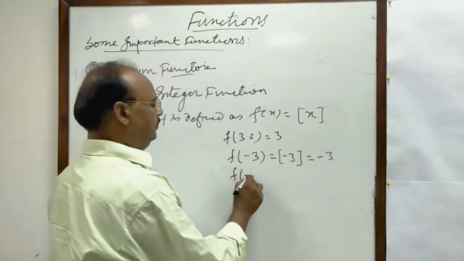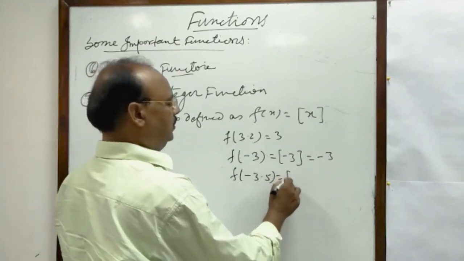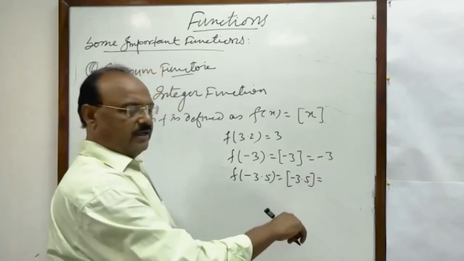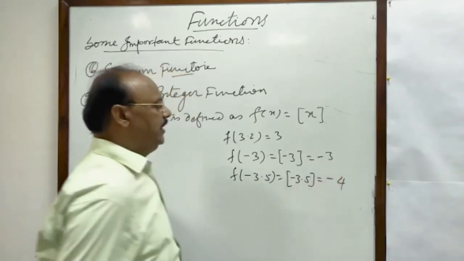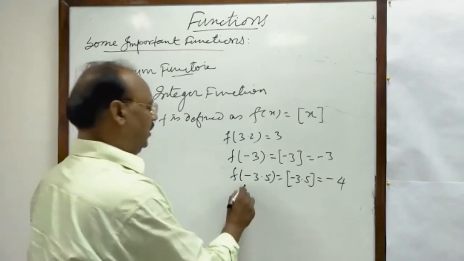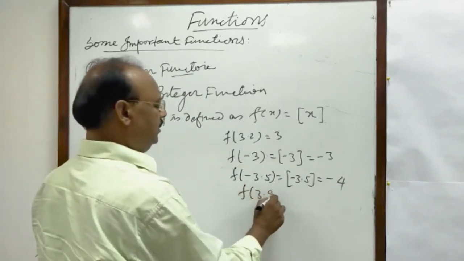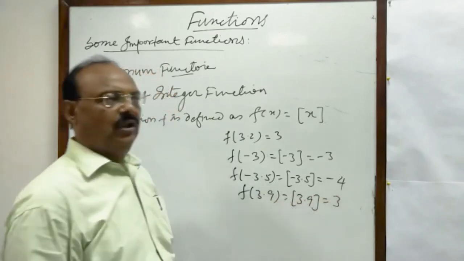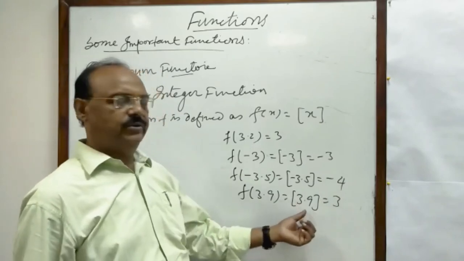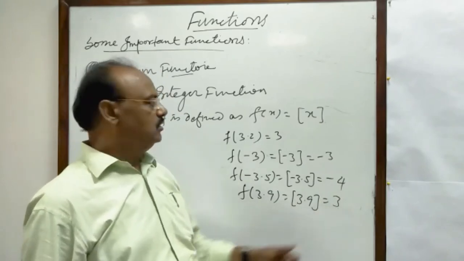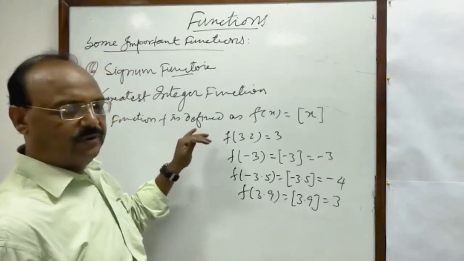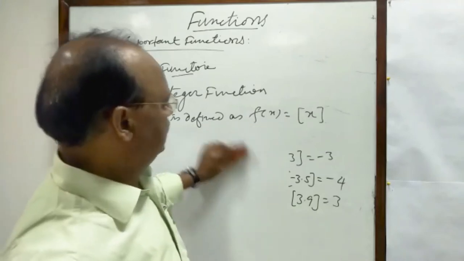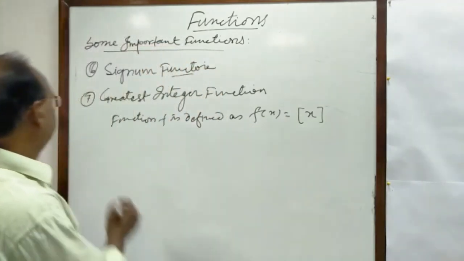If we write f of minus 3.5, so greatest integral value of minus 3.5, less than or equal to minus 3.5, this will be minus 4. f of 3.9, greatest integral value of 3.9, this is equal to 3. The greatest integer less than or equal to this much, which is equal to 3. So this is our definition for greatest integral value. Now let us see polynomial function.